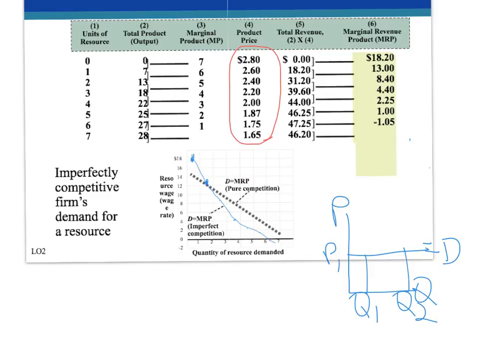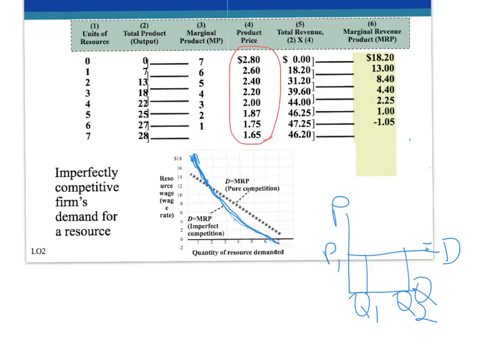And so the marginal revenue product curve, if we were to map it out the way we did last graph, units of resource and their marginal revenue product, is over here. It's this blue line. And so we can see it's not a straight line.